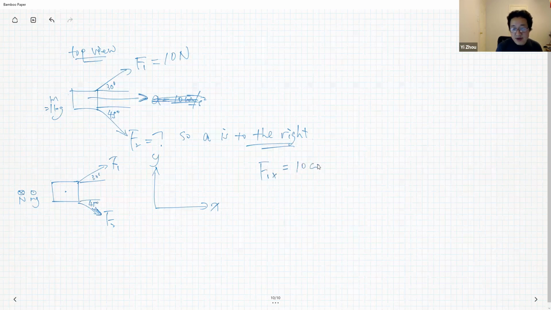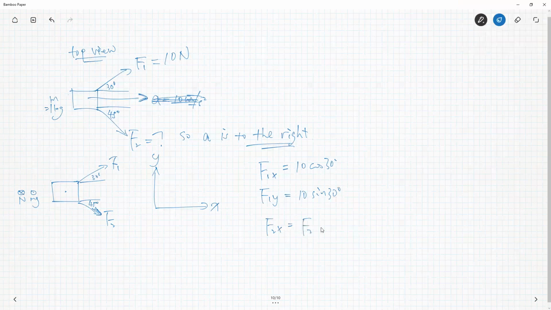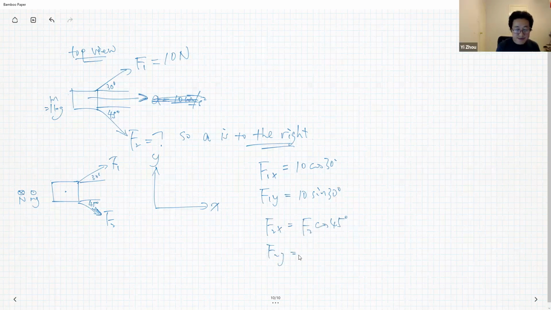Okay, let's leave the calculation for later. F1y equals 10 sine 30 degrees. Then F2x is F2 cosine 45 degrees. Then F2y is F2 sine 45 degrees.